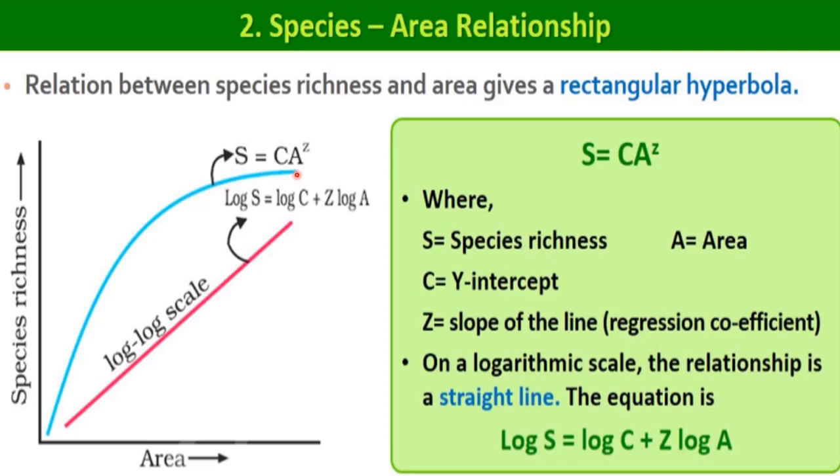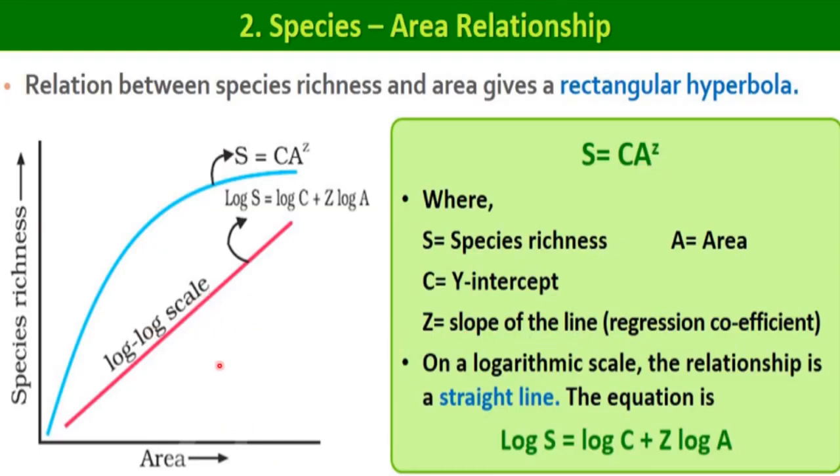So this is the hyperbola we get for the species area relationship, and it is represented by S = CA^Z, right? S represents species richness, A is for area, C is the y-intercept, meaning where the curve crosses the y-axis, and Z represents the slope of the line.